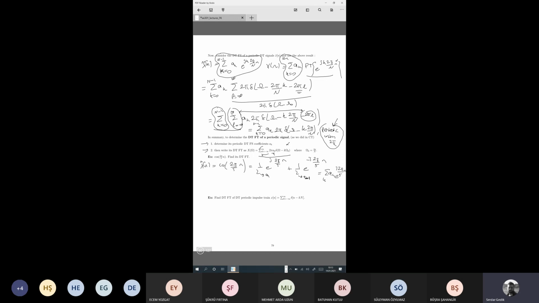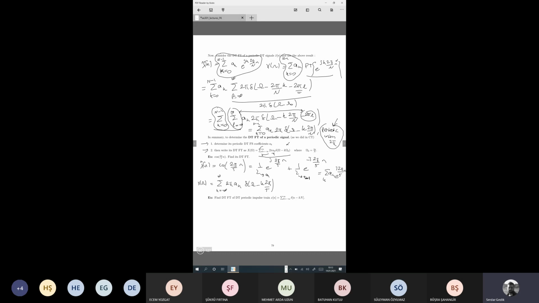So what about X of omega? Let me write X of omega. It is the summation for k from minus infinity to plus infinity of 2 pi a_k impulse of omega minus k 2 pi over 5.